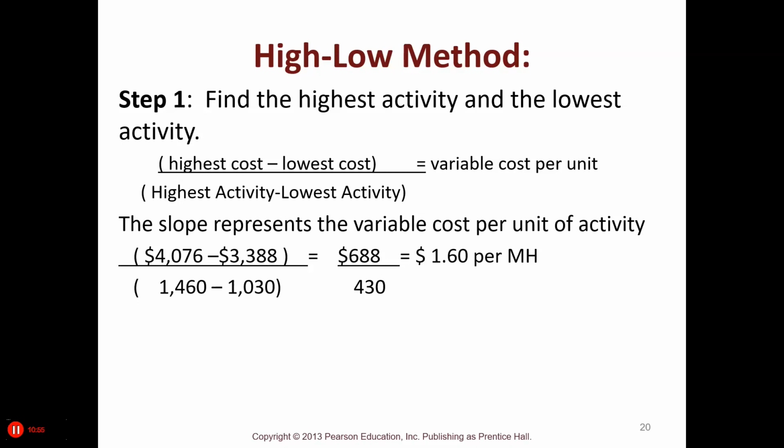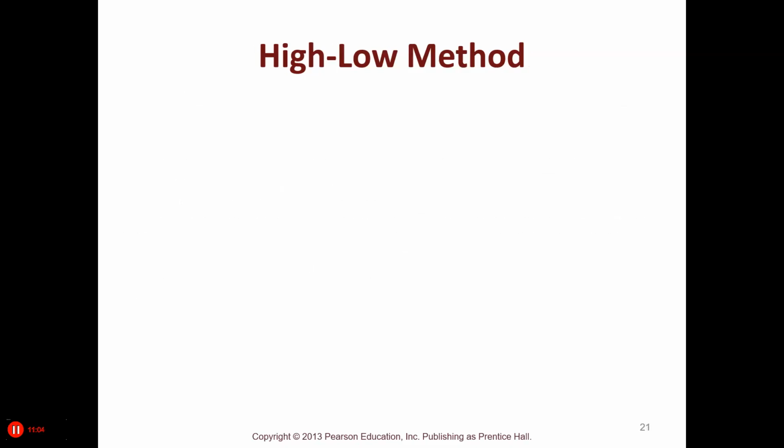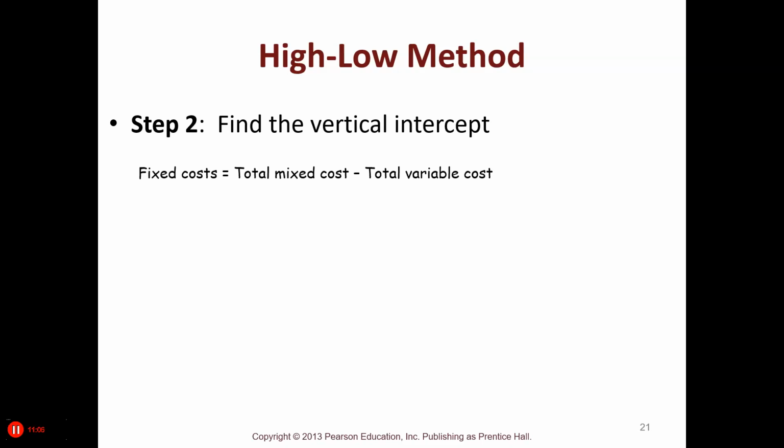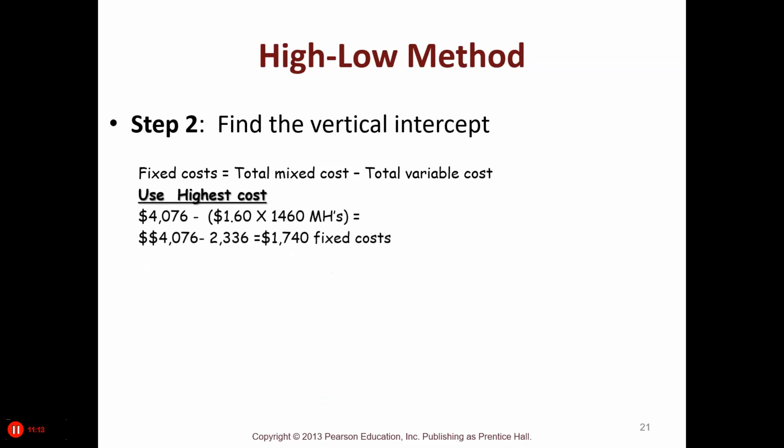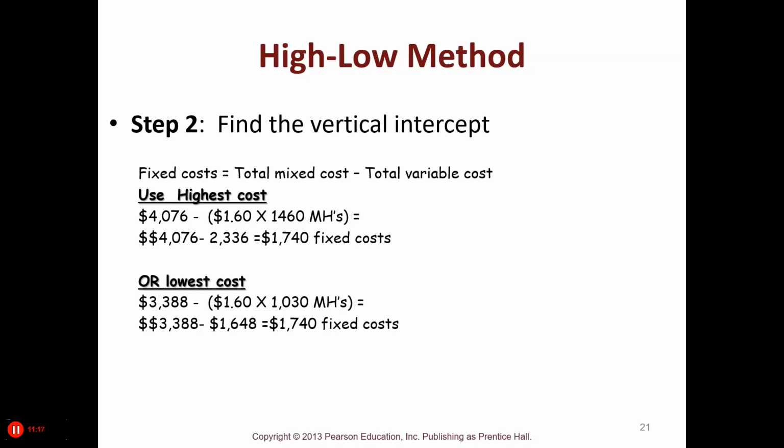And that tells us that our variable cost is going to be $1.60 per machine hour. Now we're going to find the fixed costs. Fixed costs equal total mixed cost minus total variable costs. So our high says fixed costs are $1,740. And our low says it's $1,740.